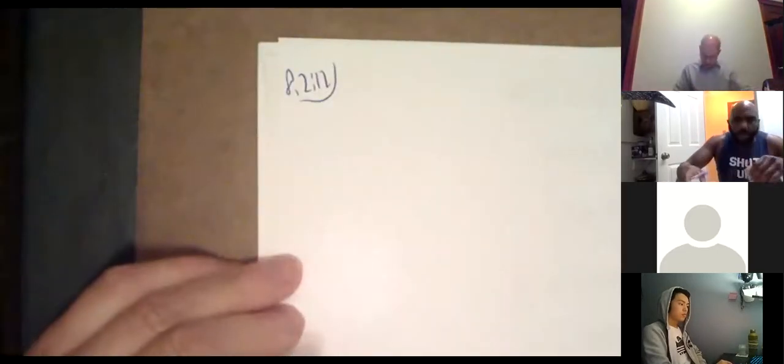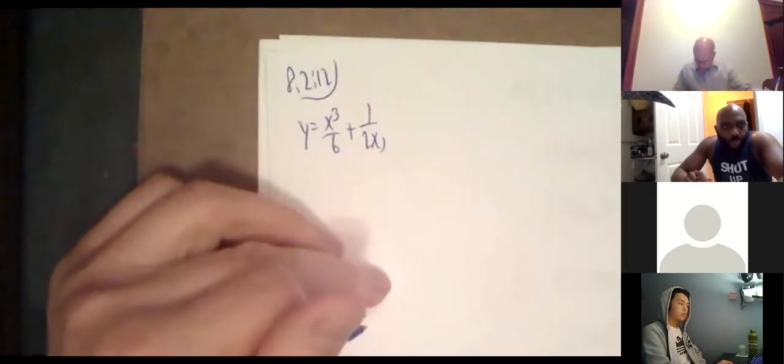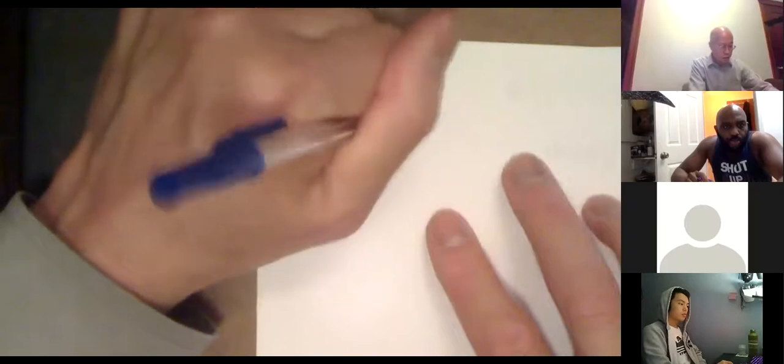Okay, let's see. 8.2, number 12 was asked for. Y equals x cubed over 6 plus 1 over 2x between 1/2 and 1.